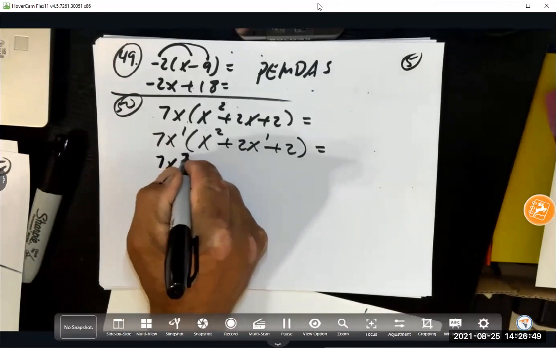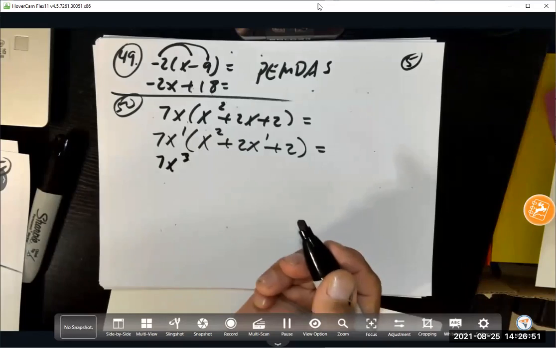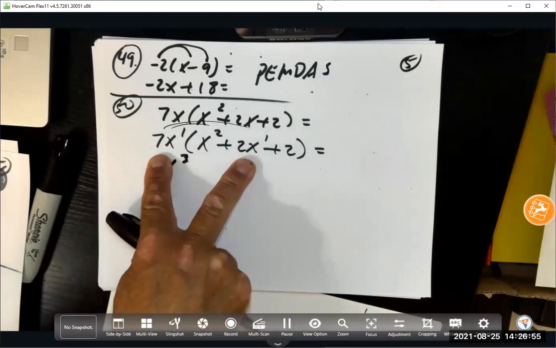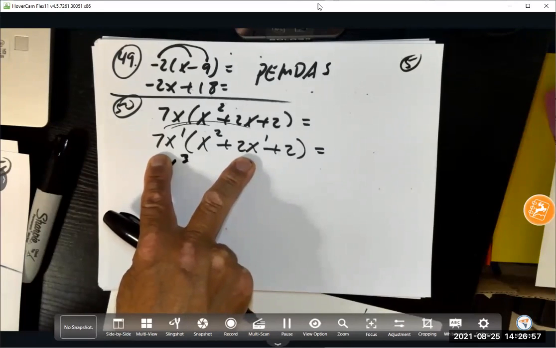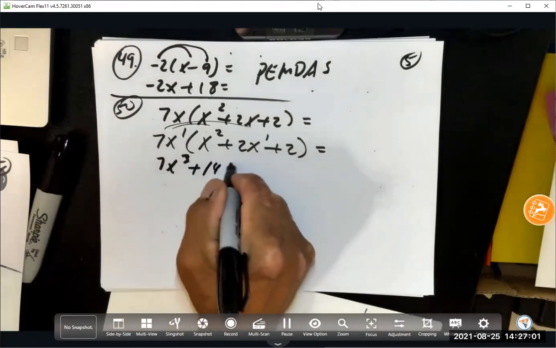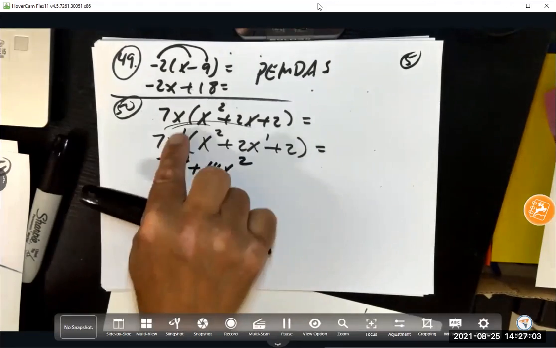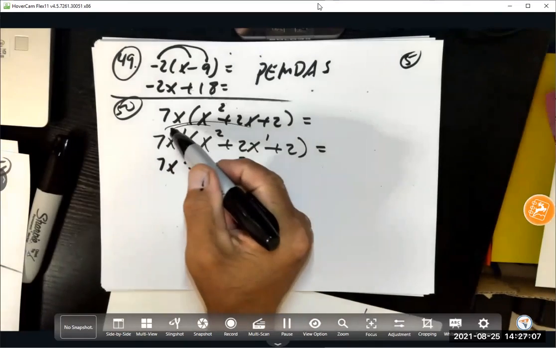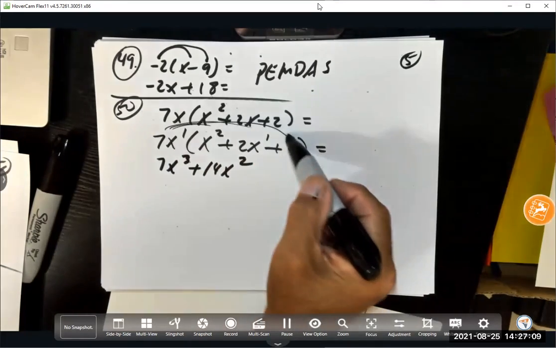You said 3 because 1 plus 2 is 3? Yeah. The next one. What about 7x to the 1 times 2x to the 1? 14x to the 2nd power. So we said to the power of 2. Is that okay? 1 and 1, is that 2? Yep. All right, the next one. 7x to the 1 times 2.